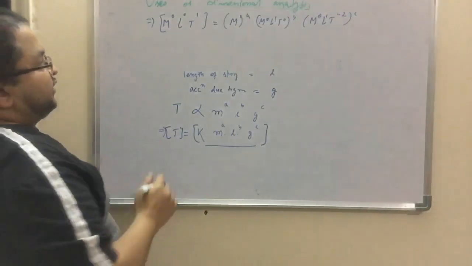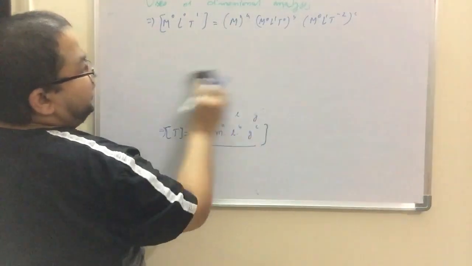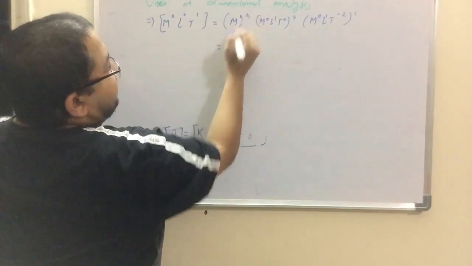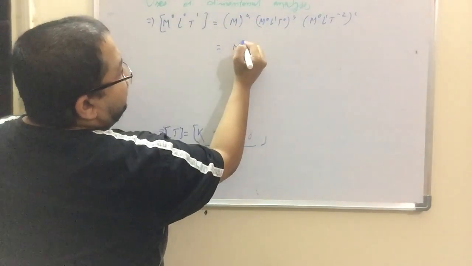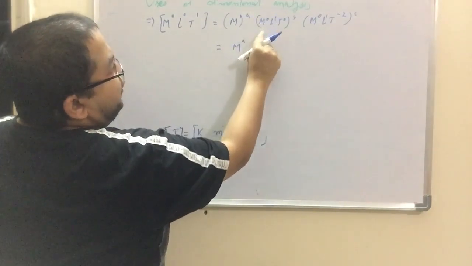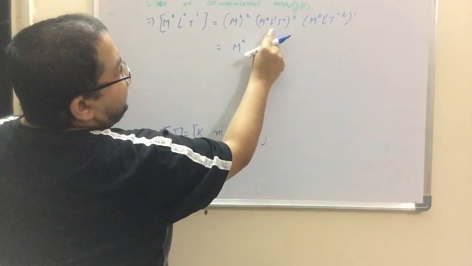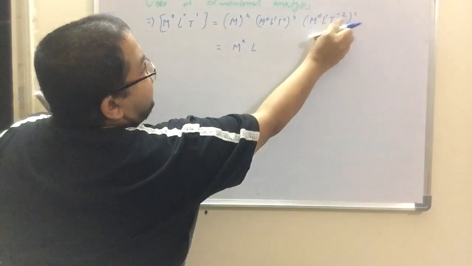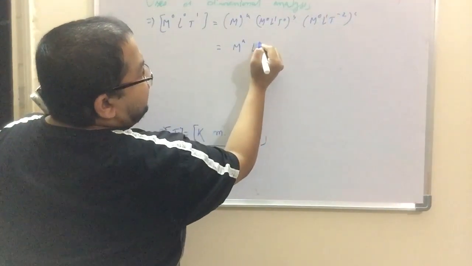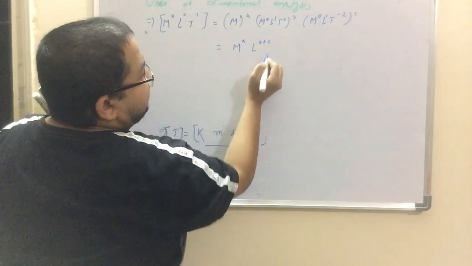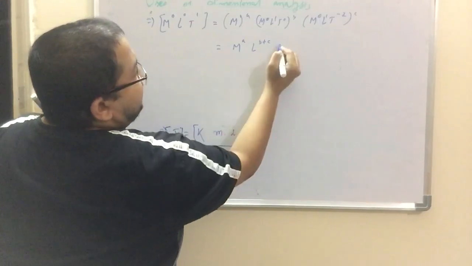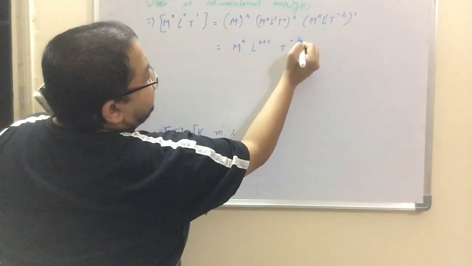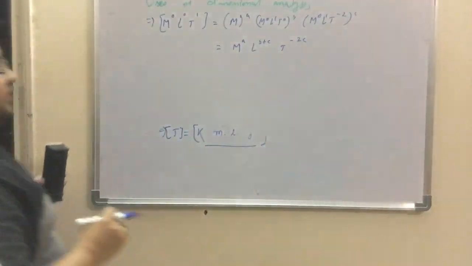So this is where we are. Which would mean I can say here it becomes m to the power a, here it becomes 1, so I leave it, right? Then l to the power b and l to the power c. So I can say it is l to the power b plus c, and then the last quantity is time, so it's t to the power minus 2c. So this is what we get.